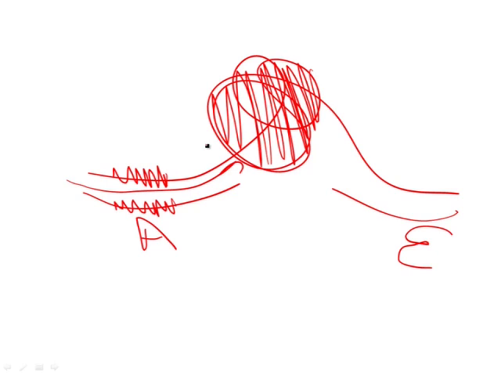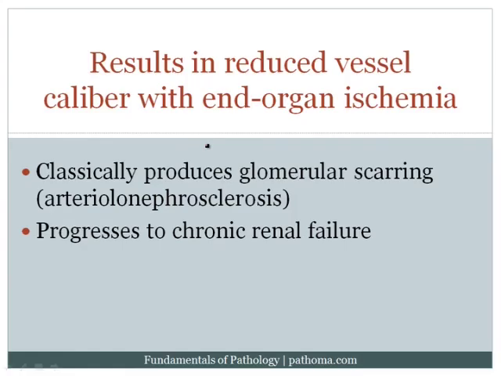So this is a key consequence of hyaline arteriolosclerosis. And in fact, this is the reason why patients with diabetes and patients with high blood pressure get chronic renal failure, because over time they develop this glomerular scarring due to the hyaline arteriolosclerosis. And that's what I've stated here in your text, where I say that it classically produces glomerular scarring. Now, when it produces glomerular scarring, we call that arteriolonephrosclerosis.